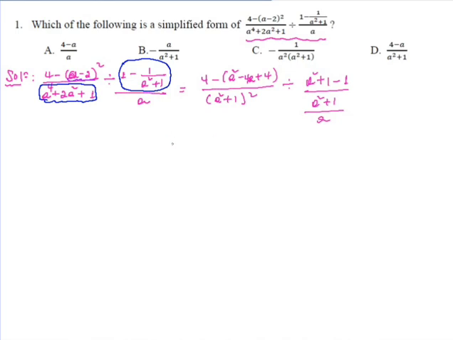So this can be written as 4 minus a squared plus 4a minus 4 over (a squared plus 1) the whole square, divided by a squared. Here, 1 minus 1 is 0, so it becomes a squared over a times a squared plus 1.